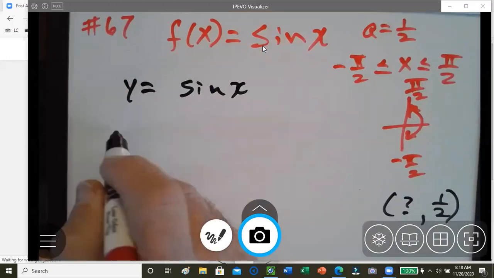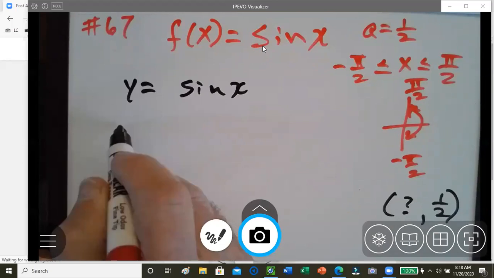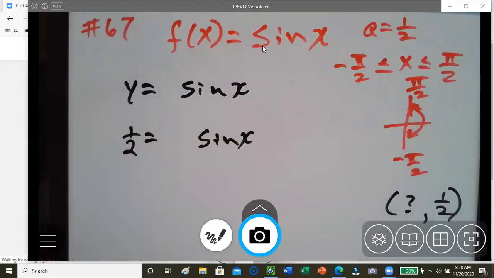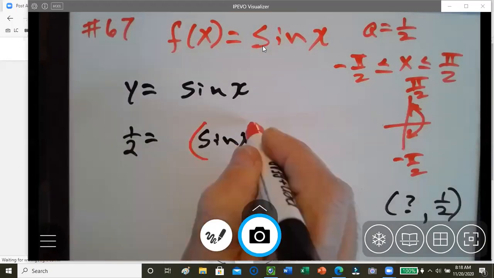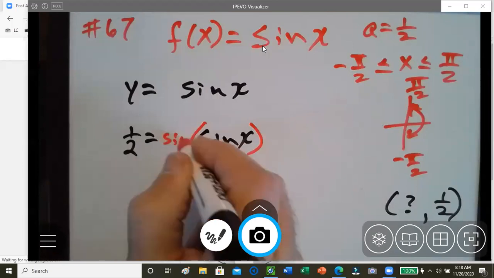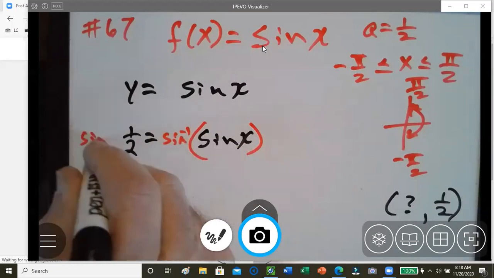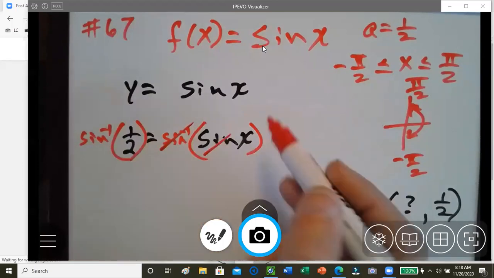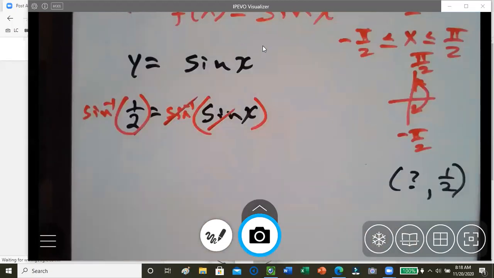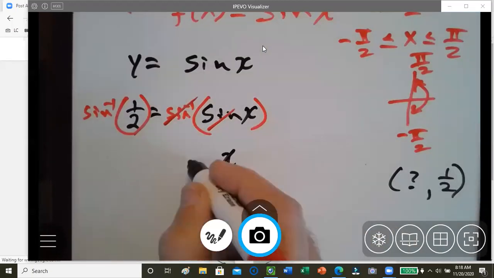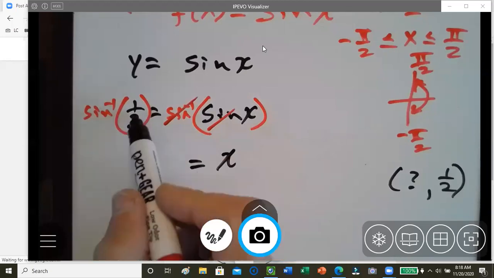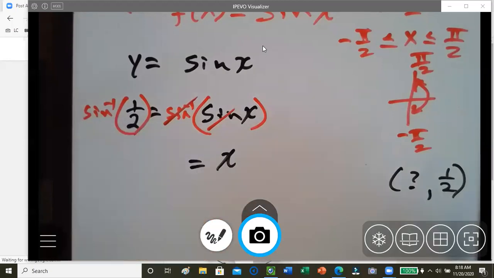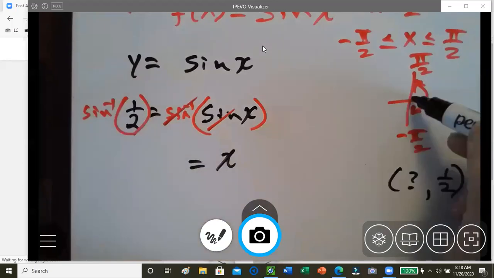We replace the a with 1/2 equals sine x, and so we apply the inverse sine to both sides so that the sine and inverse sine cancel each other out, and we just get x equals inverse sine of 1/2. So that means we're given the value and we're trying to find the angle.